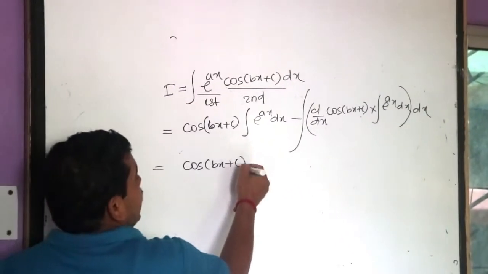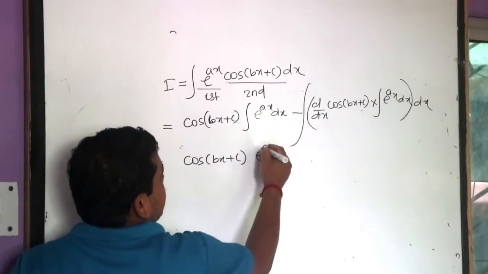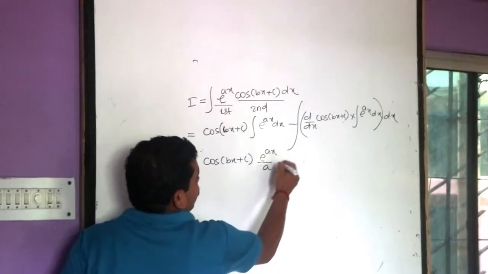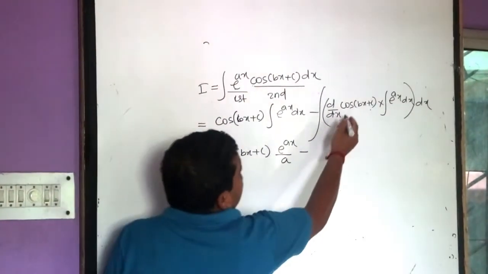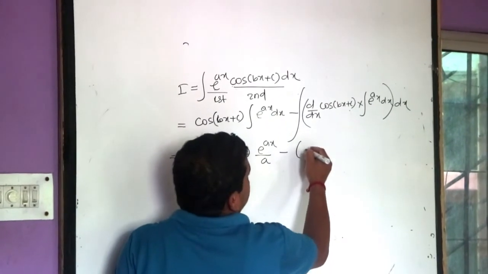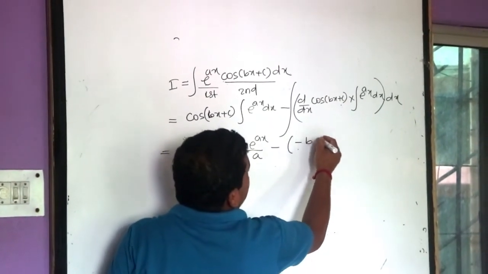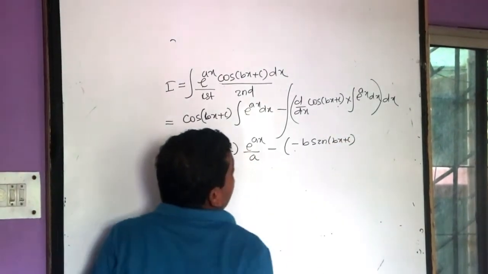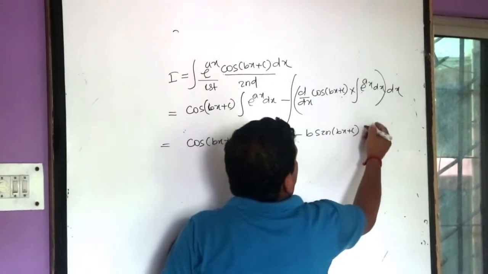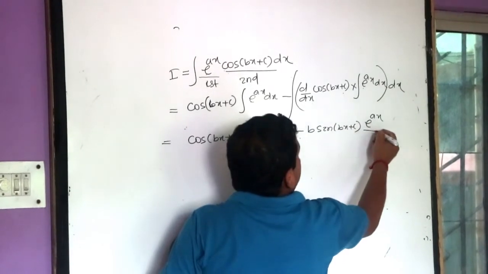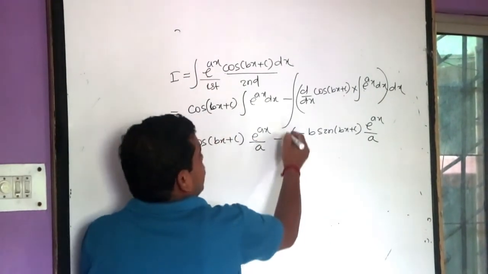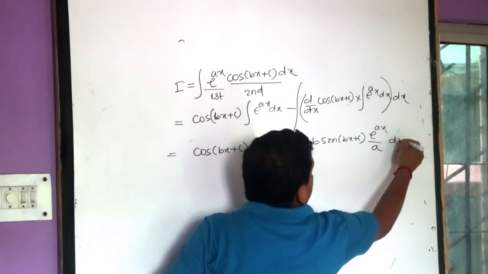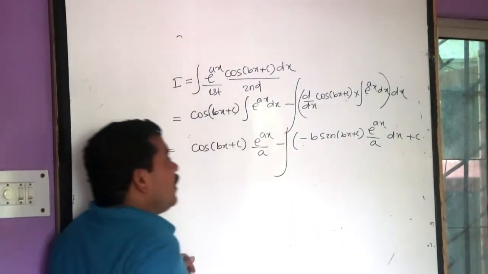Cos bx plus c, integration of e to the power ax is e to the power ax by a, minus the derivative of cos bx plus c, which is minus b sin bx plus c, and integration of e to the power ax is e to the power ax by a, and multiply these two and integrate again plus c.